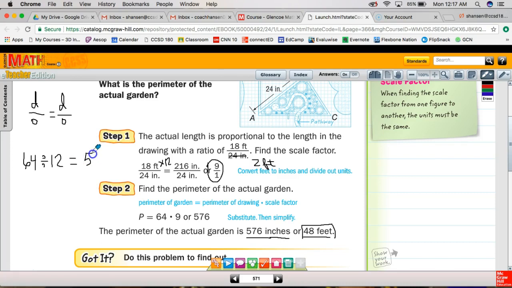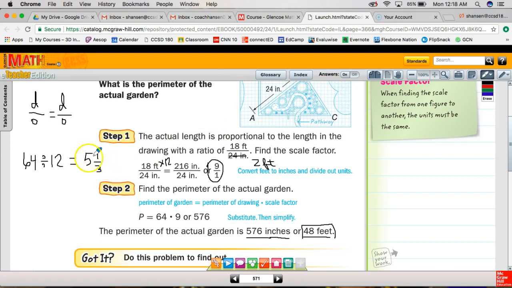That makes 60. So I have 5 remainder 4. Well, 4 out of 12 is a third. It's 5 and 1/3. That's the perimeter in feet of this blueprint, 5 and a third.